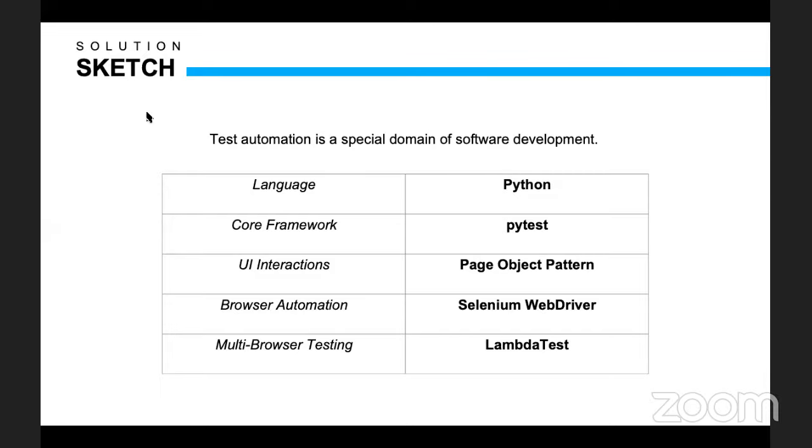For the mechanics of browser automation, we'll use Selenium WebDriver, which is the de facto standard tool for this type of black box browser interactions with test automation. And finally, at the end, I'll show you how to extend our solution to handle multi-browser testing with parallel execution in the cloud using LambdaTest.